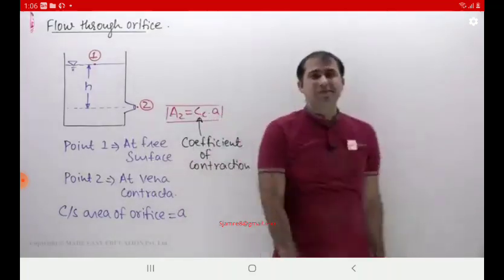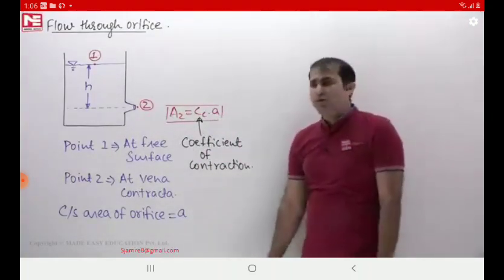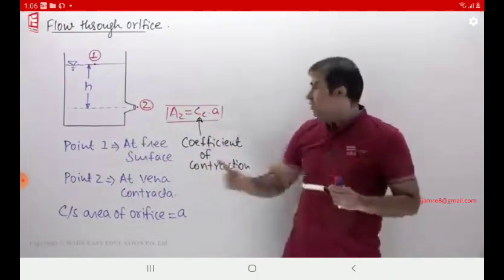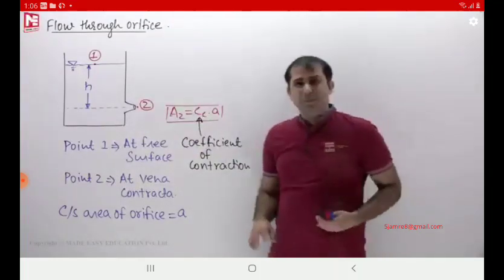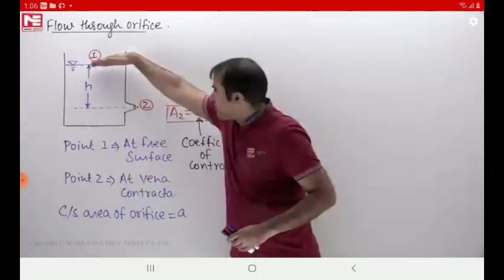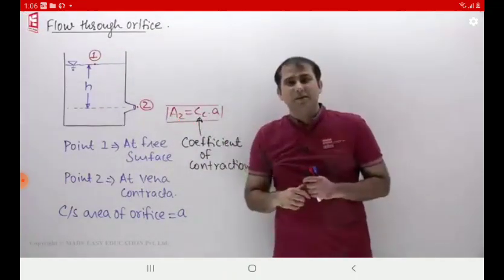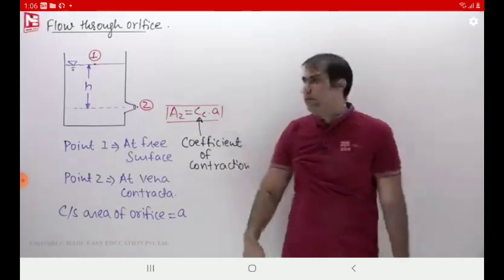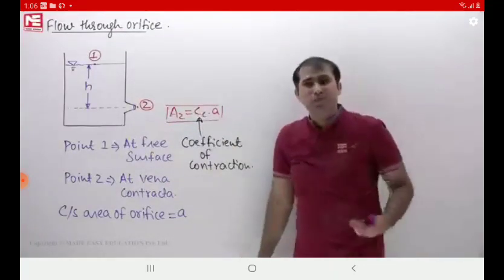Now my point of discussion here: my objective is to find the velocity here. I'm going to apply the energy equation between two points, the free surface and the vena contracta, between 1 and 2.